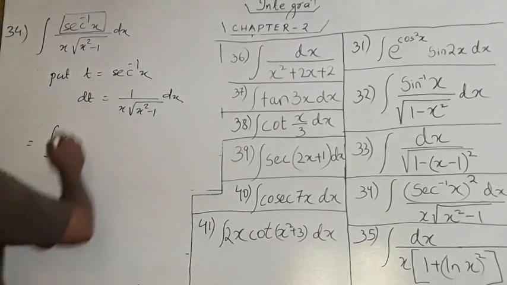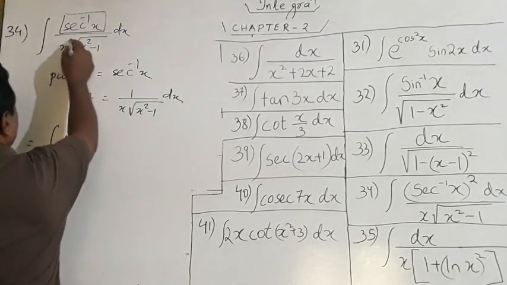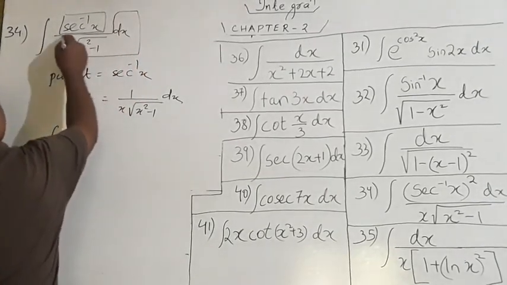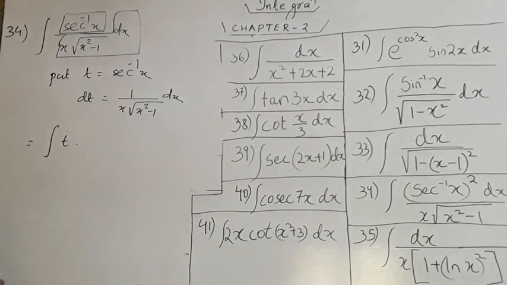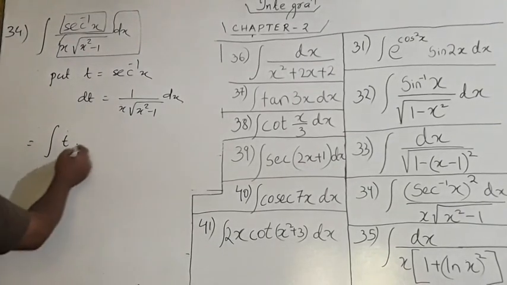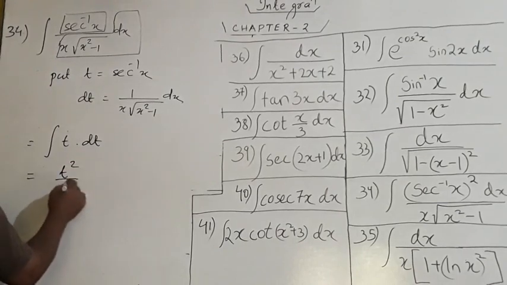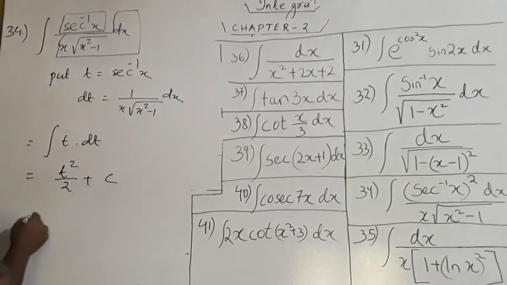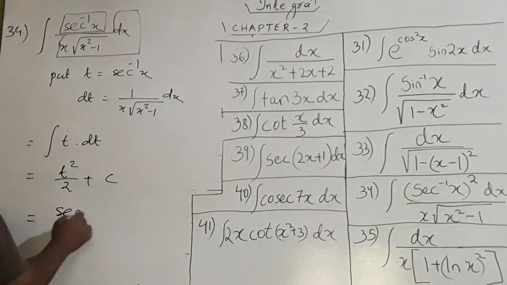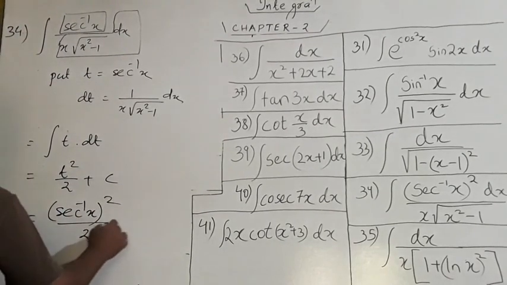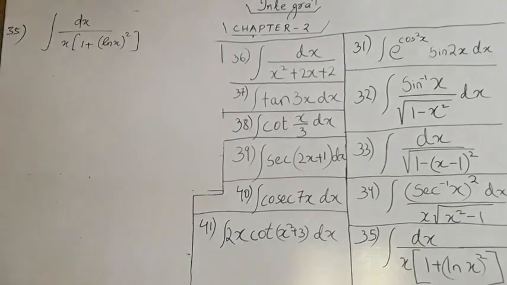And here, dx by x root of x square minus 1 is dt. It is integral of t dt, that is t square by 2 plus c. What is t square? It is sec inverse x whole square by 2 plus c.